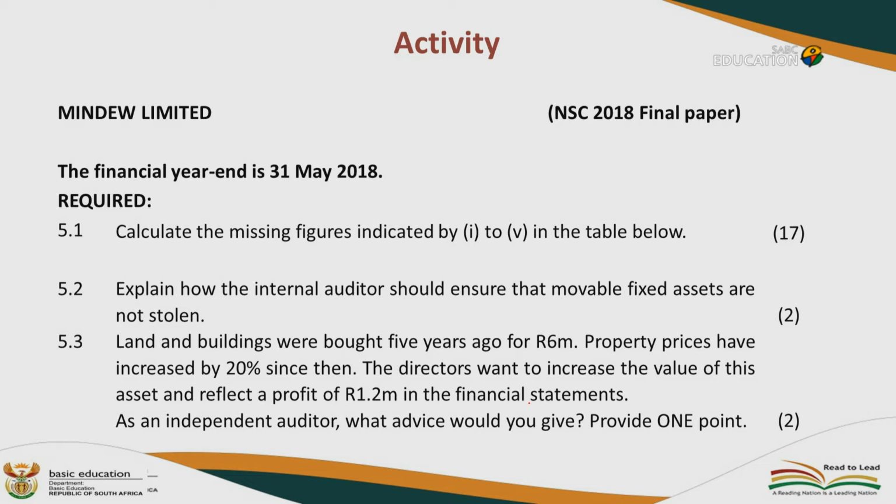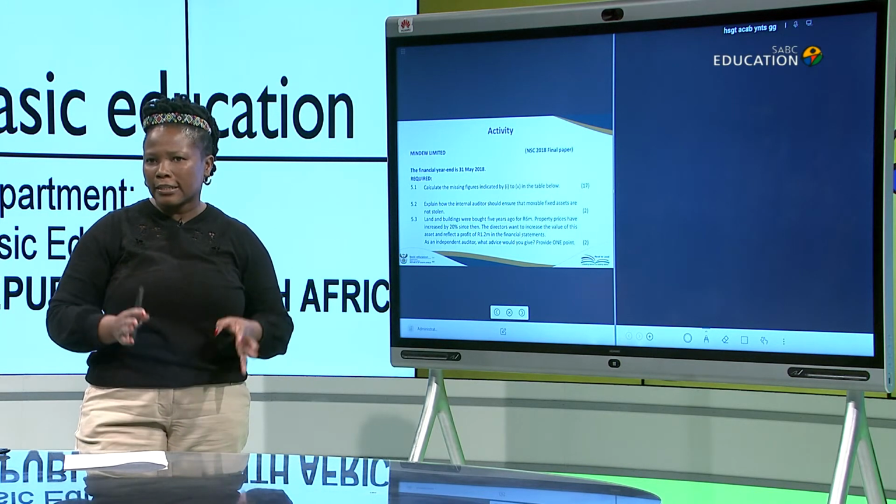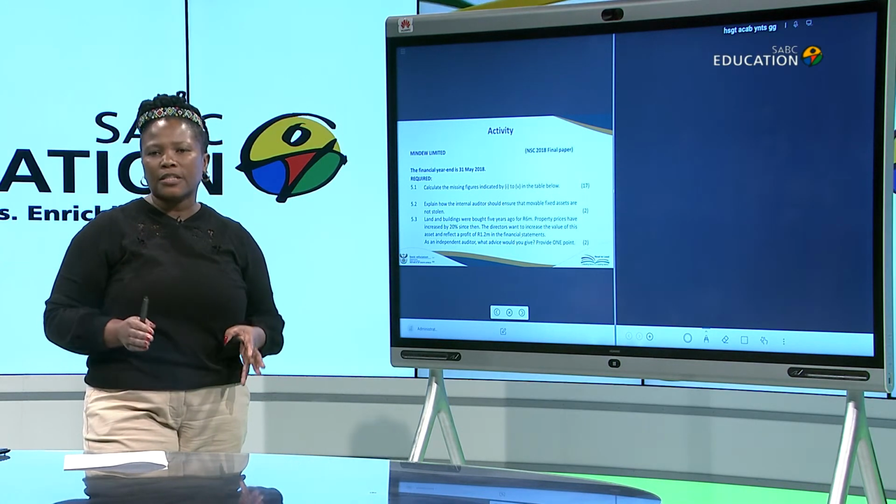All right. Let us look now at our 5.2. We are required to do this for 2 marks. Explain how the internal auditor will ensure that fixed assets are not stolen. Remember, we've already discussed that it is very important that an asset register for each and every asset is kept in the business.